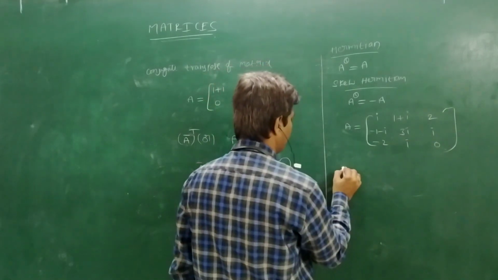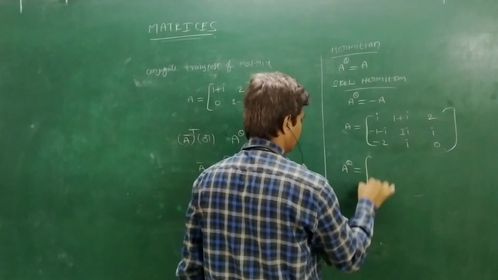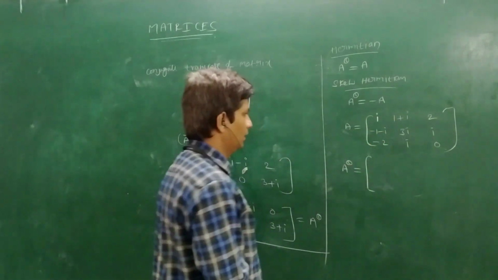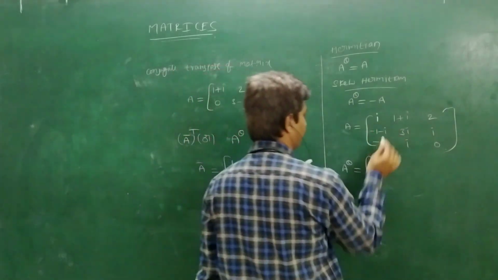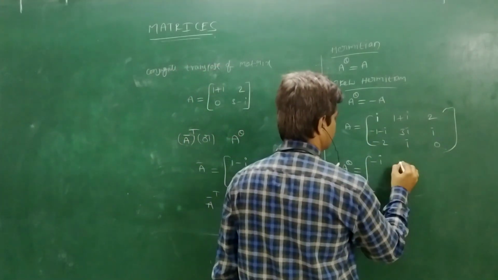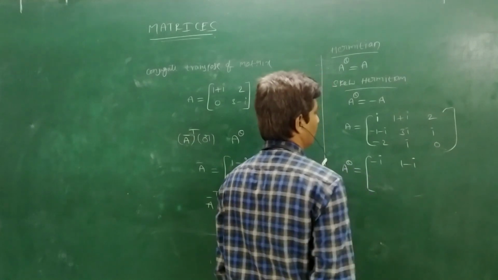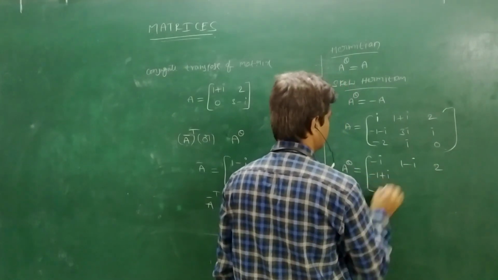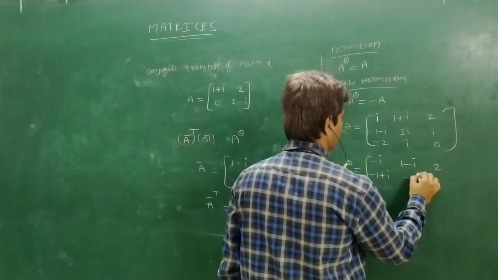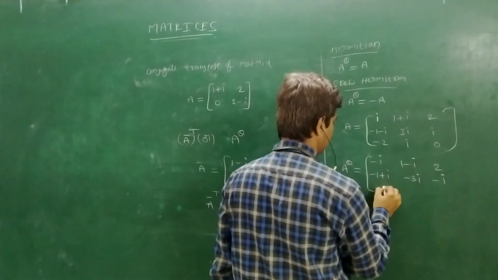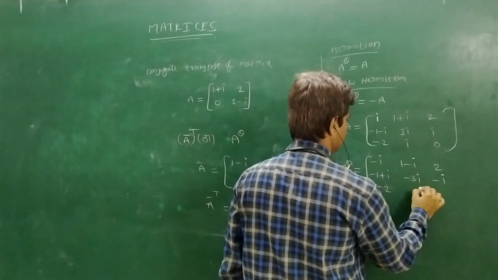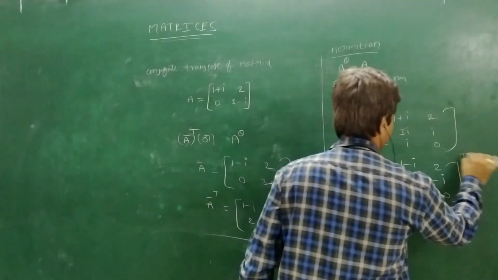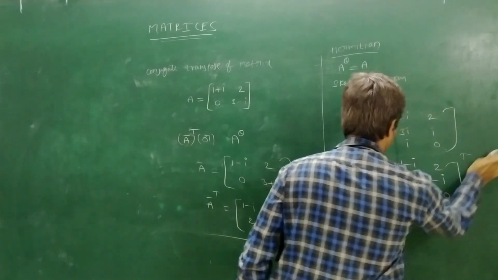Now let us check A power theta. First of all, write the conjugate. What is the conjugate of I? Minus. This is what? 1 minus. This is 2, 1. This is minus 1 plus 7. This is minus 3. This is minus A. This is minus 2. This is minus 8. Then transposed, how much do you get?